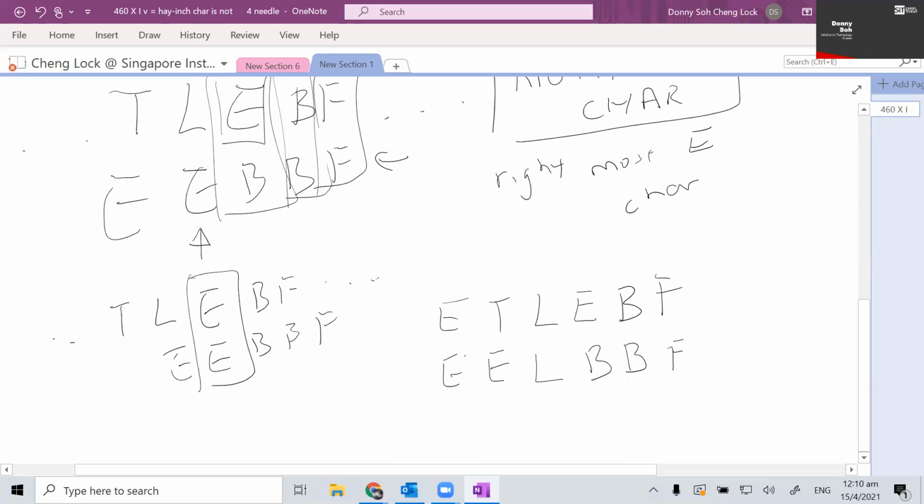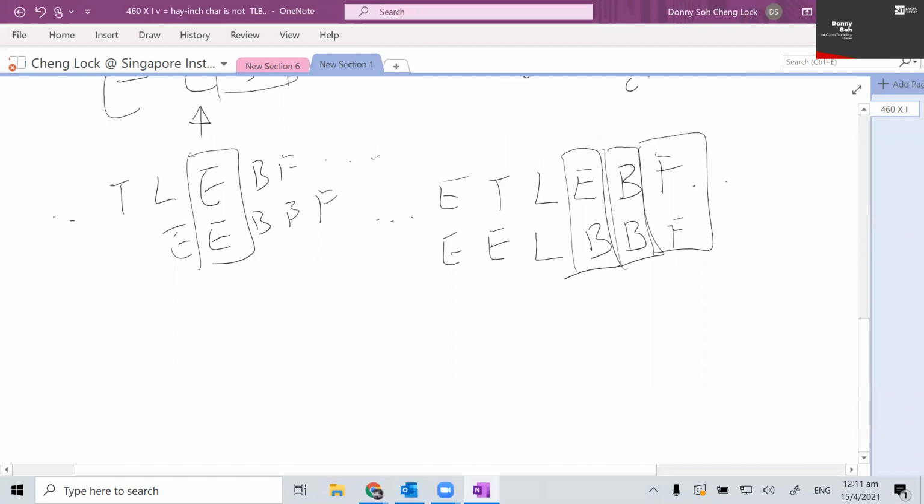So in this level, okay, so the top is the haystack, the bottom is the needle. So in this example, we match this, and there's a mismatch over here. What do you think is going to happen next? We're going to match this with the rightmost character E. And the rightmost character E is here.